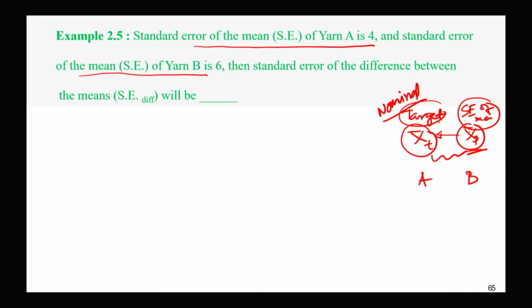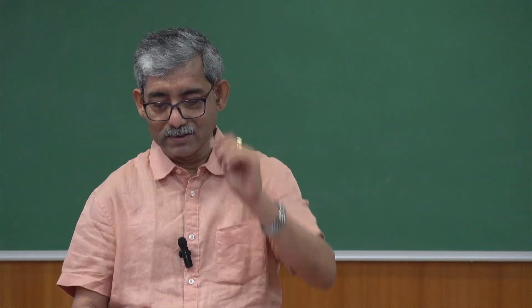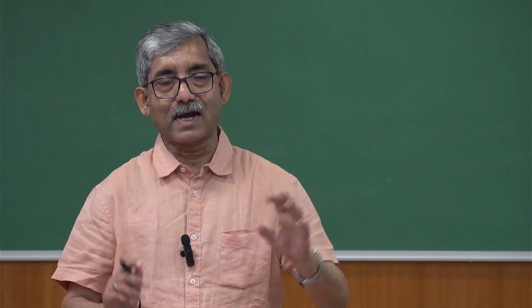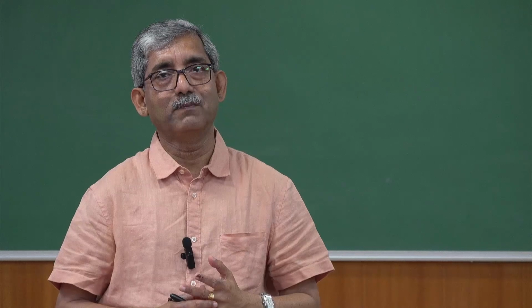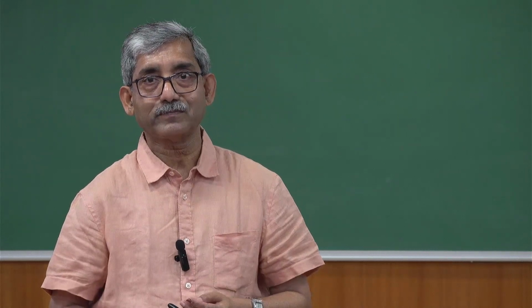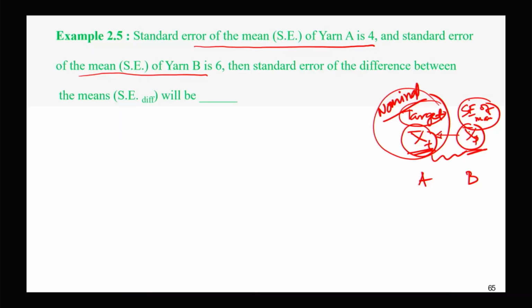The distribution of the nominal value is not available, it's only a value. The target mean is available, but its standard deviation and other parameters are not. In that case we use the standard error of mean, which we have already discussed.